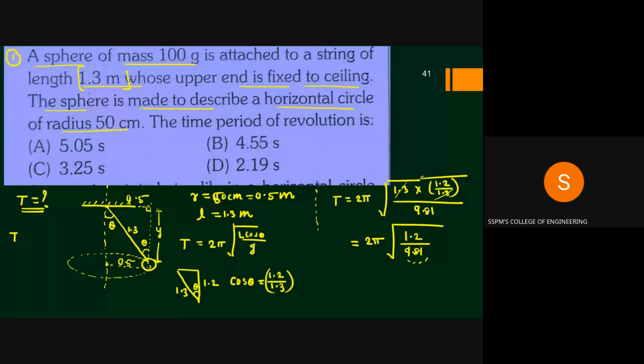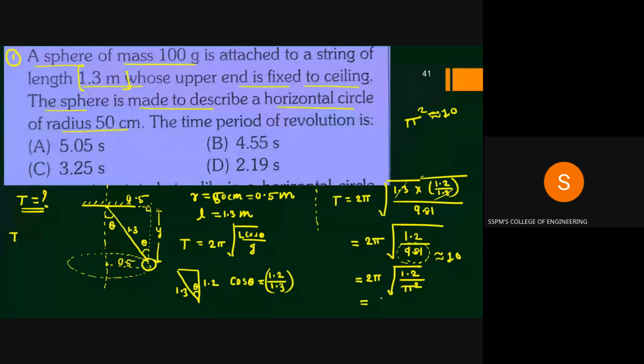So one option is the log or square root must be given for 1.2 and 9.81, or we can approximate this. So this 9.81 value we can treat as 10 approximately. And we should know the pi square value, it is approximately equal to 10. So we can put 10 as pi square in this equation. So this is 2 pi in the square root 1.2 divided by pi square. So the square root of pi square will be pi only.